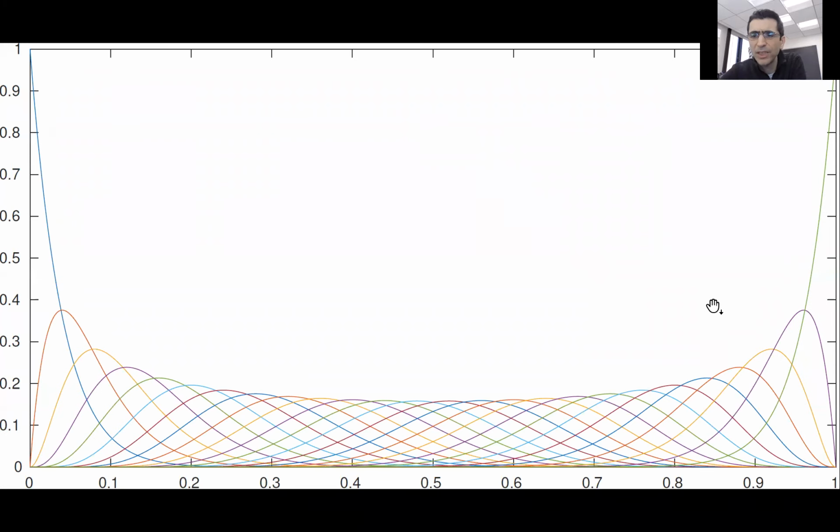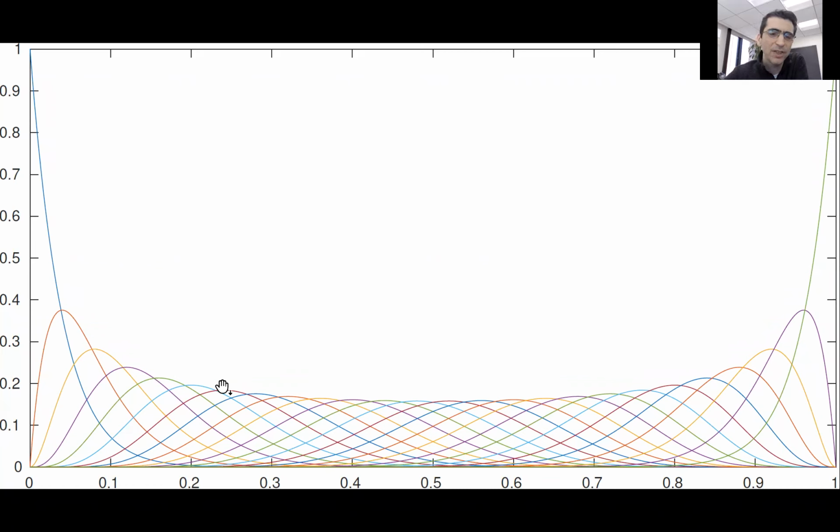Okay, so what are the Bernstein polynomials? This is the plot of the Bernstein polynomial basis for n equals, I believe, 25. So you see that the kth basis polynomial is concentrated.